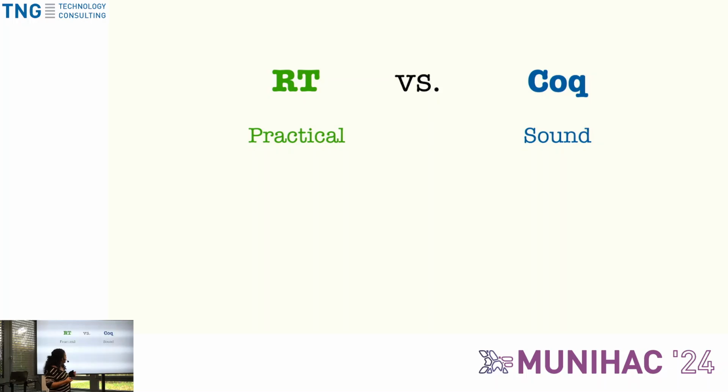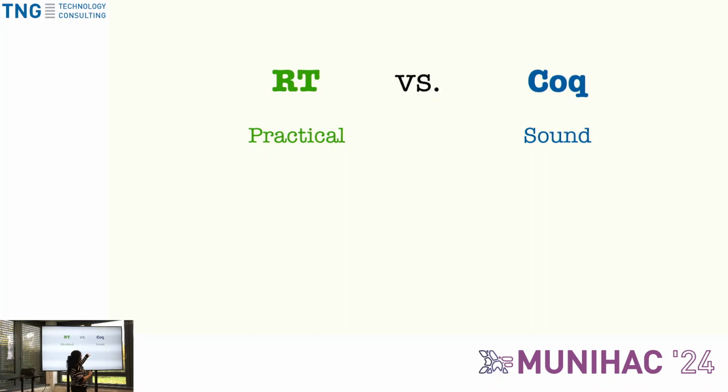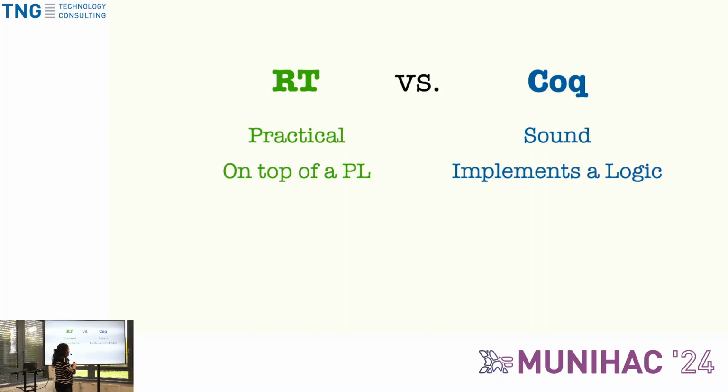So, in summary, we have refinement types that, as I mentioned in the beginning, are designed to be practical, to exist on existing programming languages. And on the other side, we have Coq, another dependent type verifier, that is designed to be sound. This means that they implement a logic that is known to be consistent, while refinement types' goal is to be built on top of an existing programming language and add verification tools.